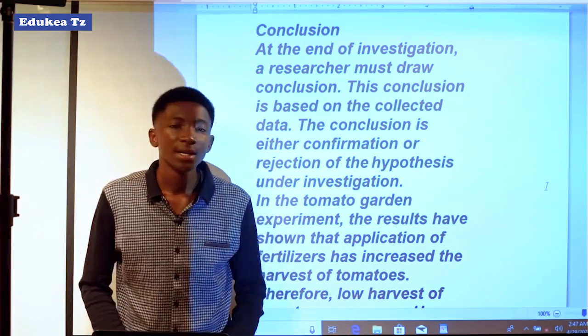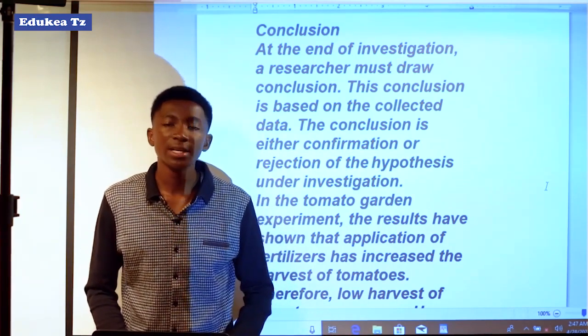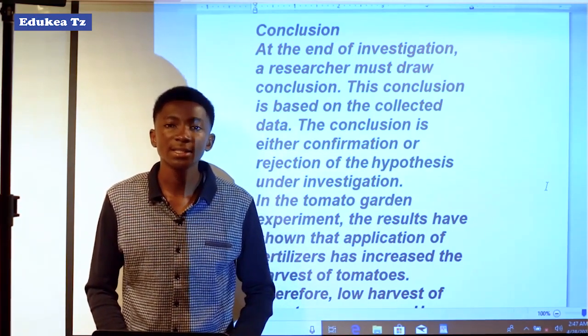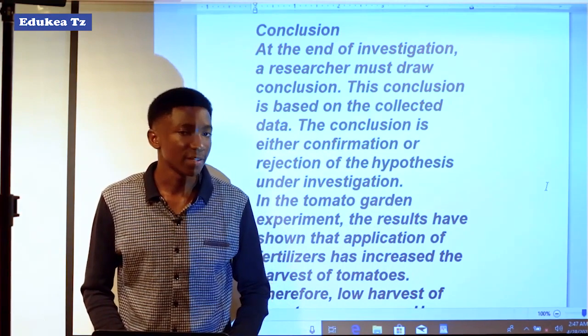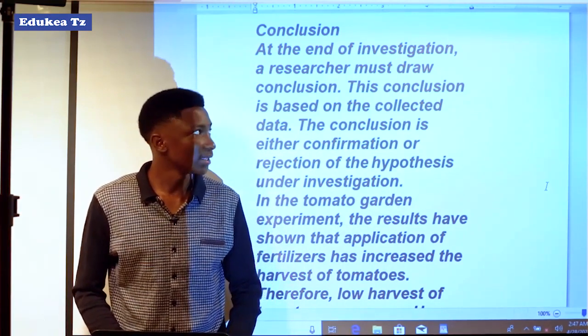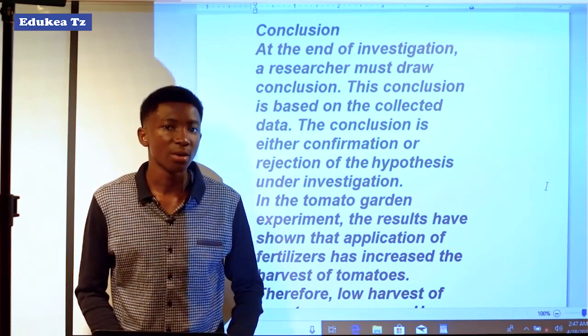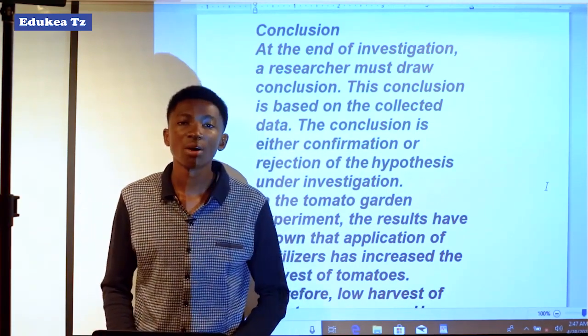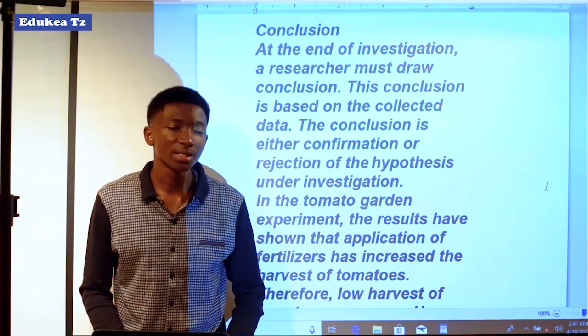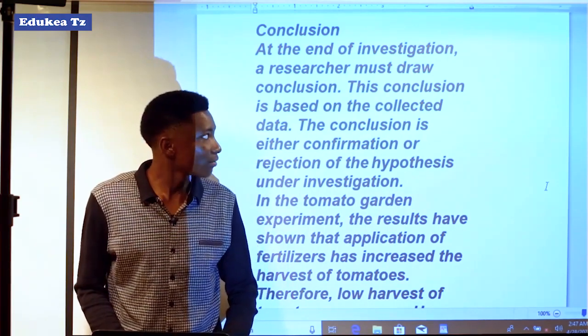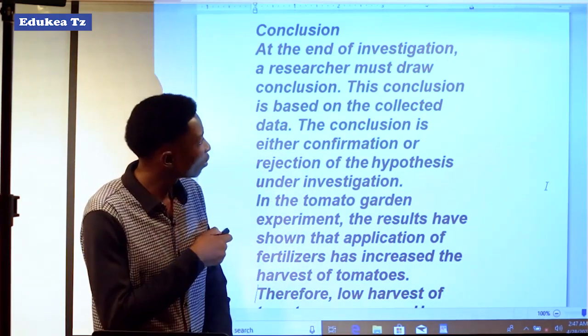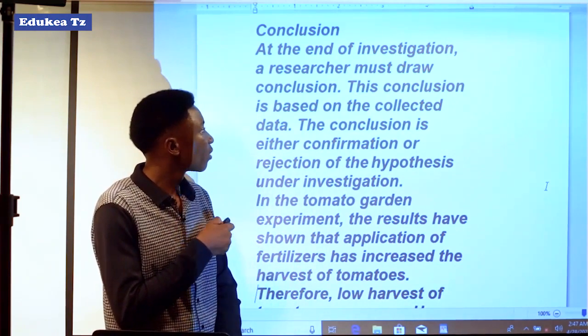So conclusion is the stage that shows the result of the investigation, or shows the result of the problem that happened, or gives us a solution to all that passed above.